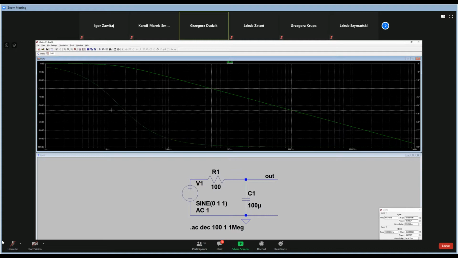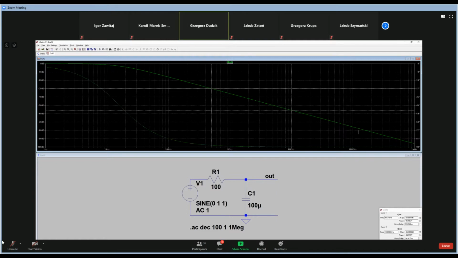In fact, in this range of frequency our filter is not a filter. The signal passes through without a change in amplitude. But from 10 hertz, as the frequency starts to increase, as you see, the output signal is decreasing and going down with frequency.